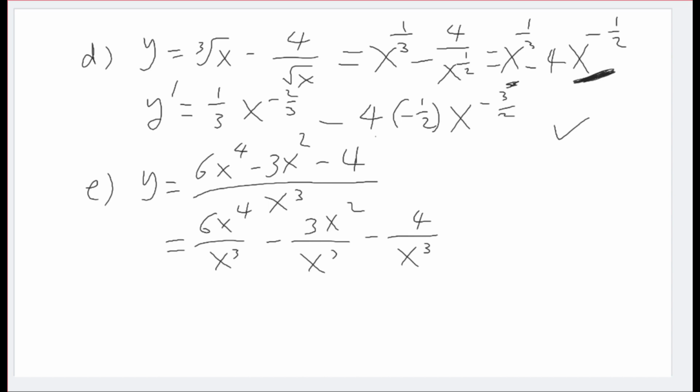This way we will eventually turn everything in this expression into some kind of power and be able to differentiate them all. So the first fraction now is 6 times x. We cross out the third power from top and bottom. The second term, well, let's copy down the 3 first. As far as the power of x is concerned, it's the second power on top and third power on bottom.